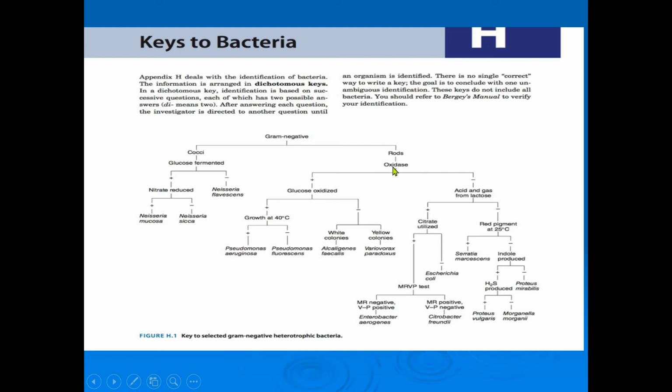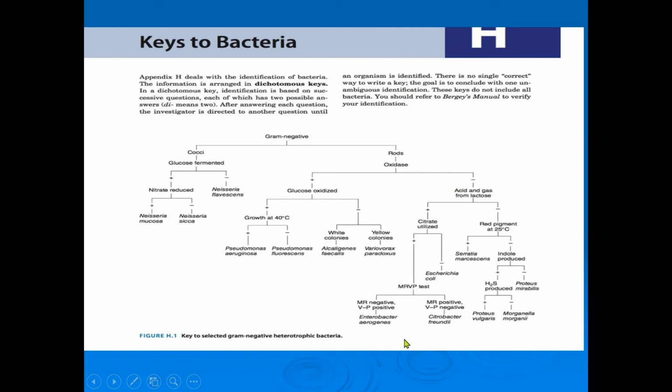Whereas if it's rods, then you look for oxidase, and also oxidative fermentative tests, sugar tests. Okay, so if it's oxidase positive, then you'll have your Pseudomonas, your Vibrio. Okay, if it's oxidase negative, you proceed with your lactose fermentation, whether it's a lactose fermenter or non-lactose fermenter.